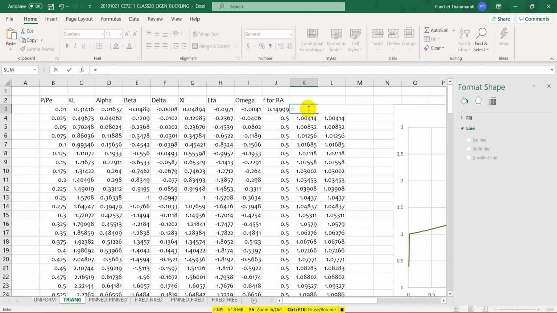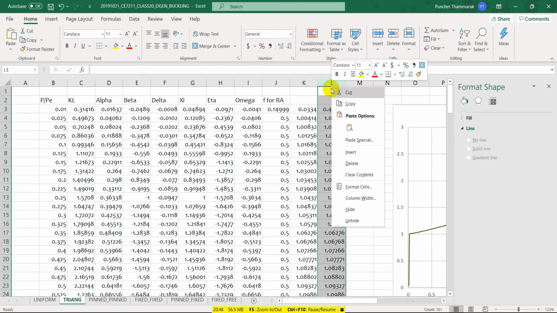Okay, RL minus R multiplied by alpha divided by beta, and then minus W square, delta divided by beta. Okay. All right.